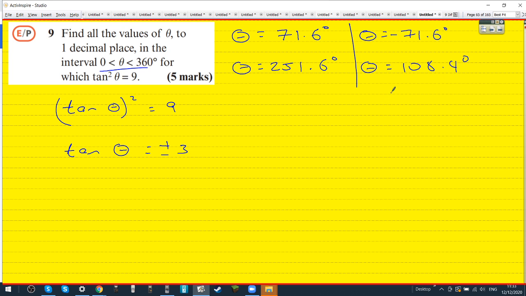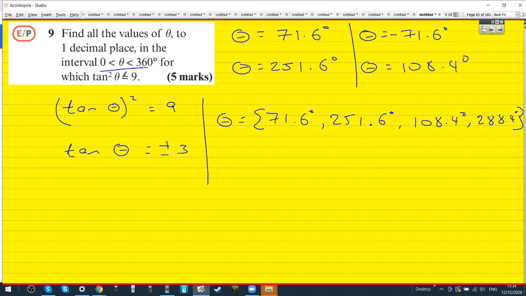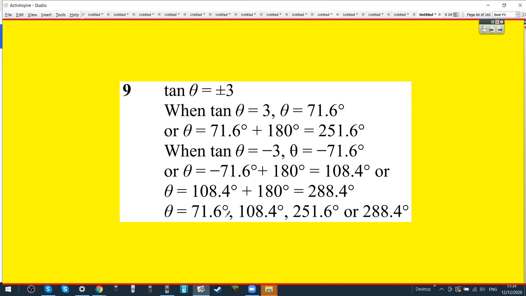Can we get additional solutions? Could you add another 180 to it? Well done. So 108.4 plus 180 is 288.4. If you added another 180, it would be outside the range. And so it's squared, so you've got plus or minus. You get double the number of solutions. 71.6, 108.4, 251.6, 288.4. Great. Remember that one?